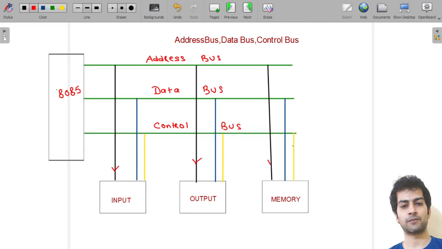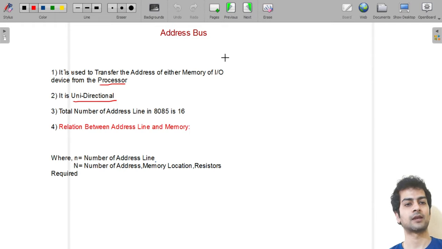Similarly, the address for memory is originated from the microprocessor. So we can see that address bus is always unidirectional, and it is pointed from the microprocessor to the peripheral devices.